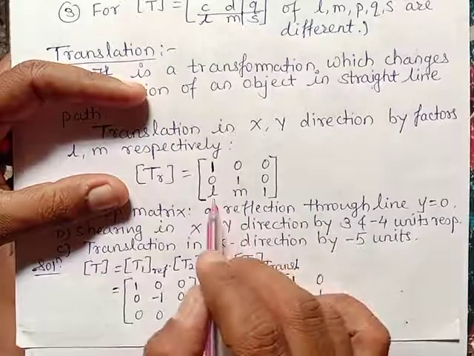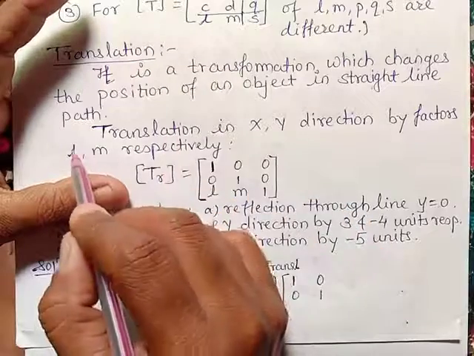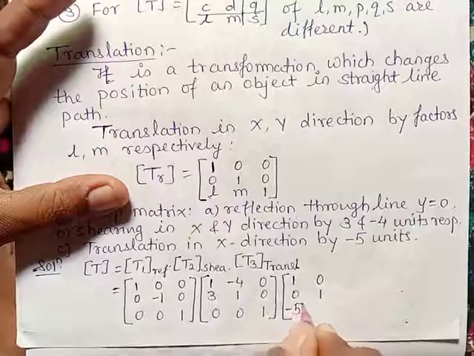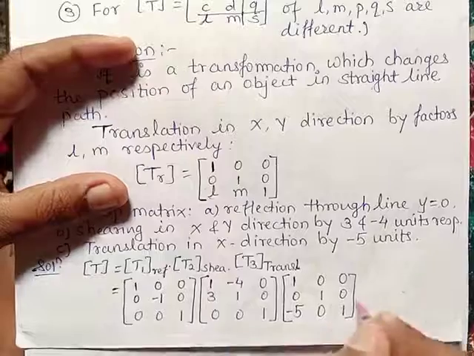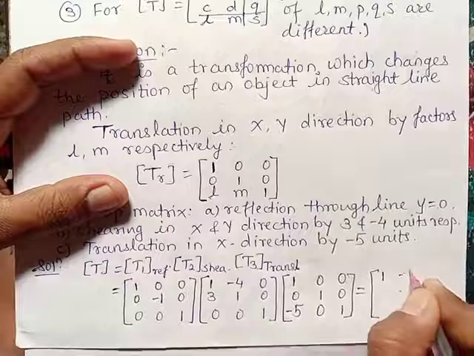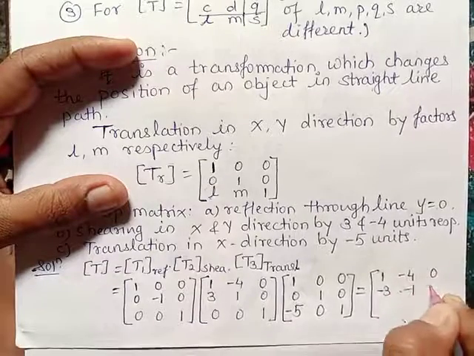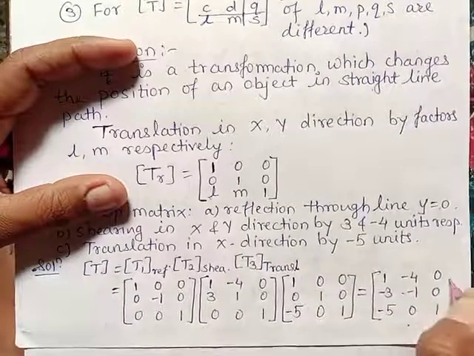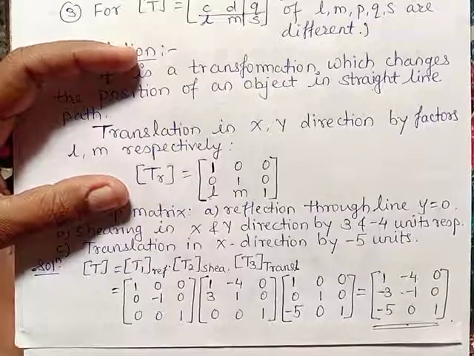Translation is from L and M. So x direction will be L, y direction will be M. So here our -5 comes. Here 0 and here 0, 0, 1 as it is. And this product will be 1, -4, 0, -3, -1, 0, -5, 0, 1. You can check your answer. This is our required matrix here.